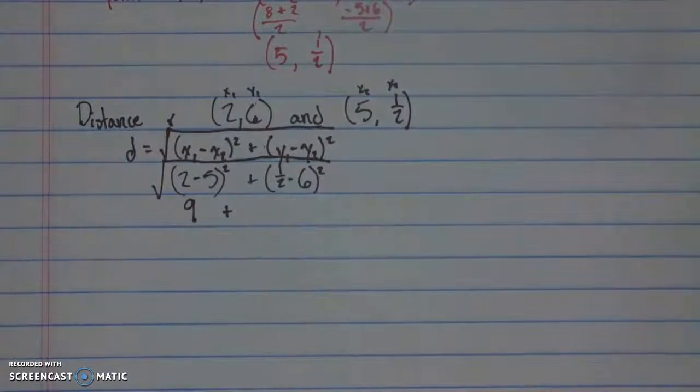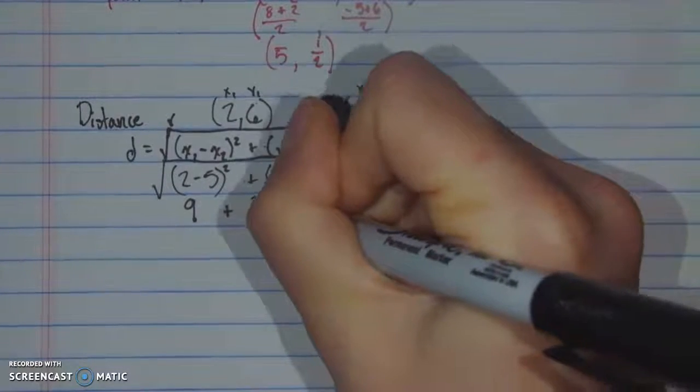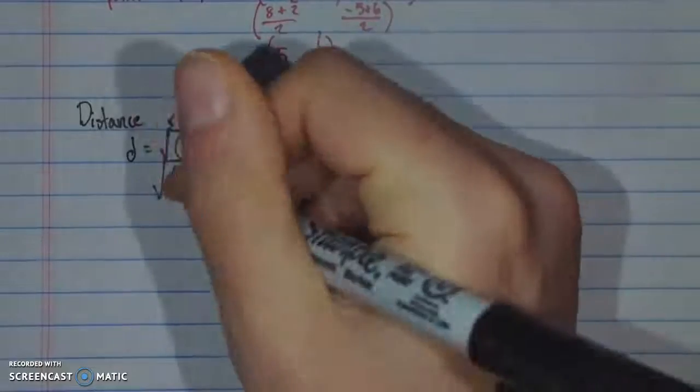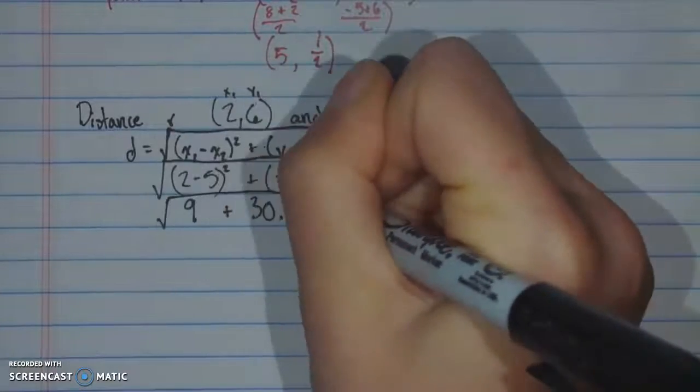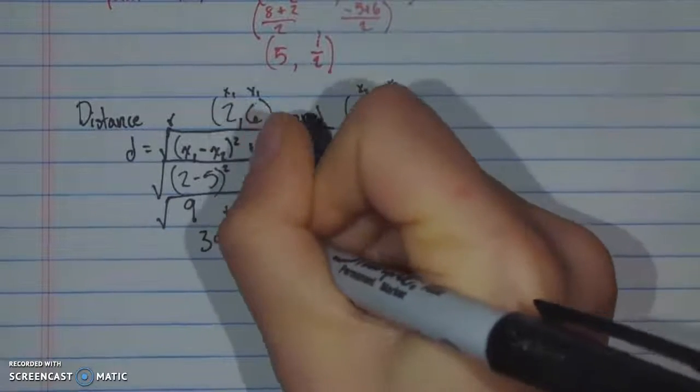Over here I've got a -5.5. And since it doesn't matter, I could just do 5.5 squared to get that positive value, which is 30.25. So 9 plus 30.25 is 39.25.